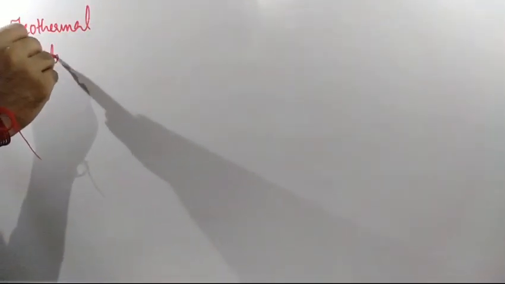So like this we have totally 6 processes. We will discuss each process in detail, and for the isothermal and adiabatic processes the work done derivation is important.